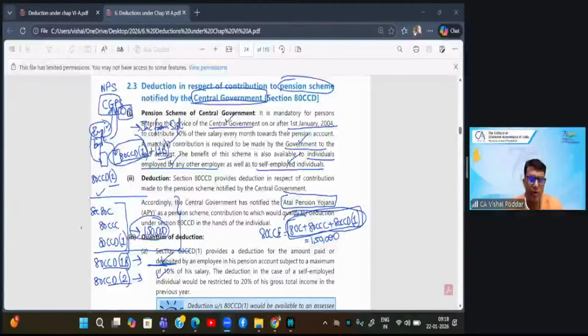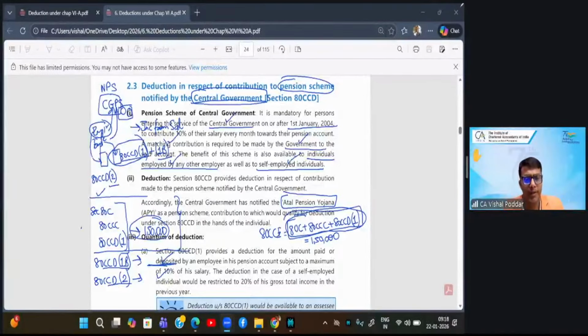But if I very theoretically answer your question, if the employer's contribution is not included in salary, then you will not get deduction for the employer's contribution either. But practically, this is not going to happen because the law has clearly mandated it. It is not optional that if the employer's contribution is first included in salary, then you get deduction. That is not the option given. So his contribution has to be compulsorily included, and then by default, you are eligible for this deduction.